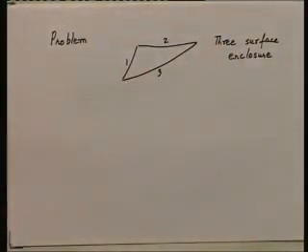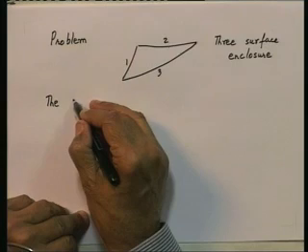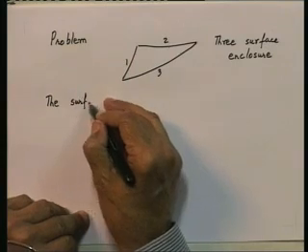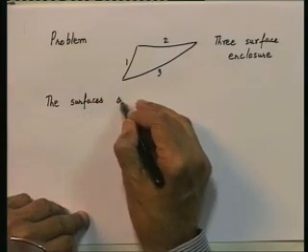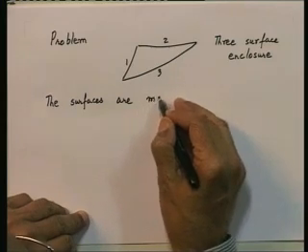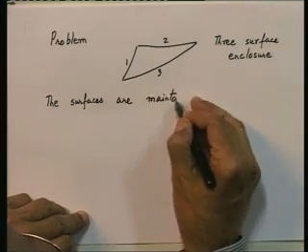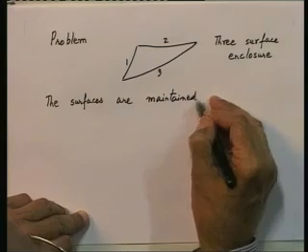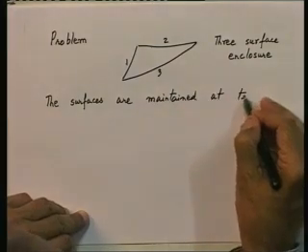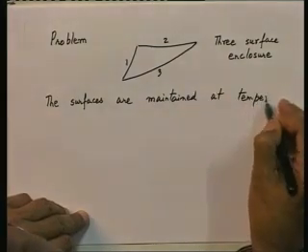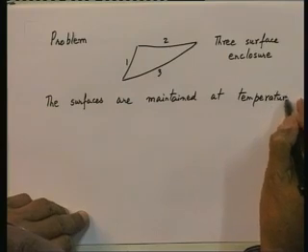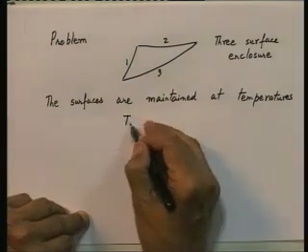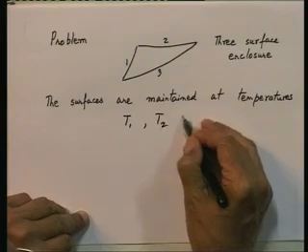So, I can get the values of all the shape factors in that enclosure, and suppose the surfaces are maintained at temperatures T1, T2 and T3.